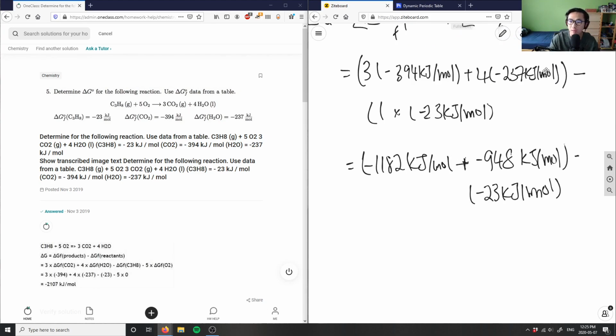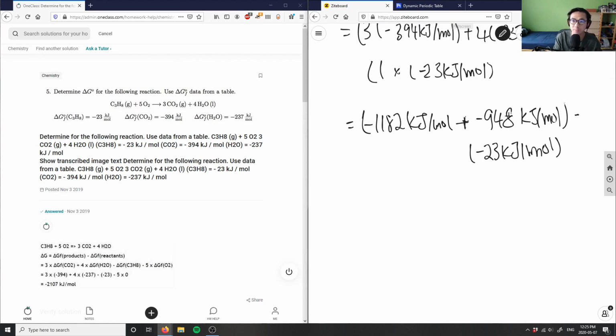And then, again, it's just simply algebra right now, right? I'm going to add both of these guys up first. So negative 1,182 plus negative 948 would give me negative 2,130 kilojoules per mole. And I'm going to subtract that by negative 23 kilojoules per mole to get my final answer, which is, it's minus, so this here is plus, sorry.